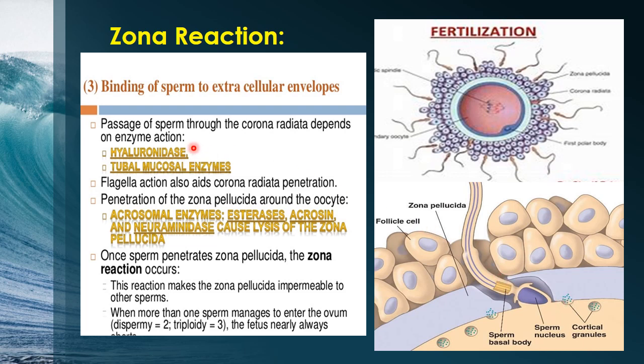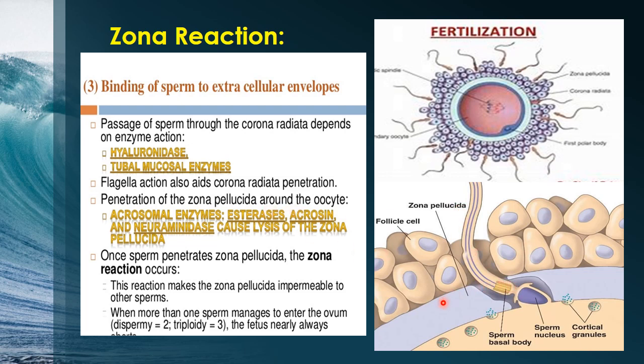So you can see here the other enzymes which are released when it passes through the corona radiata: the hyaluronidase enzyme, and also enzymes released from the mucosa of the tube, which also facilitate its passage through the corona radiata, plus, as we have discussed, the flagellar action of this sperm also helps its penetration.